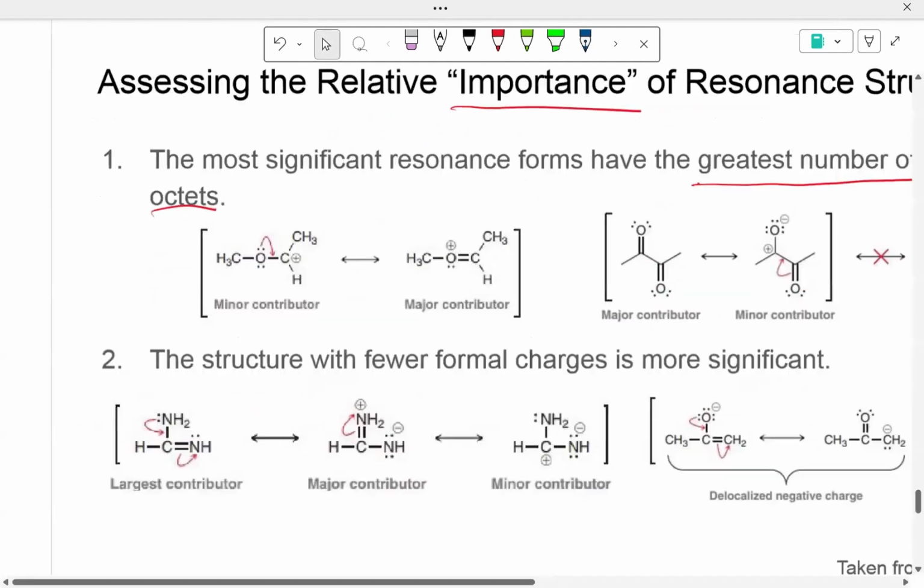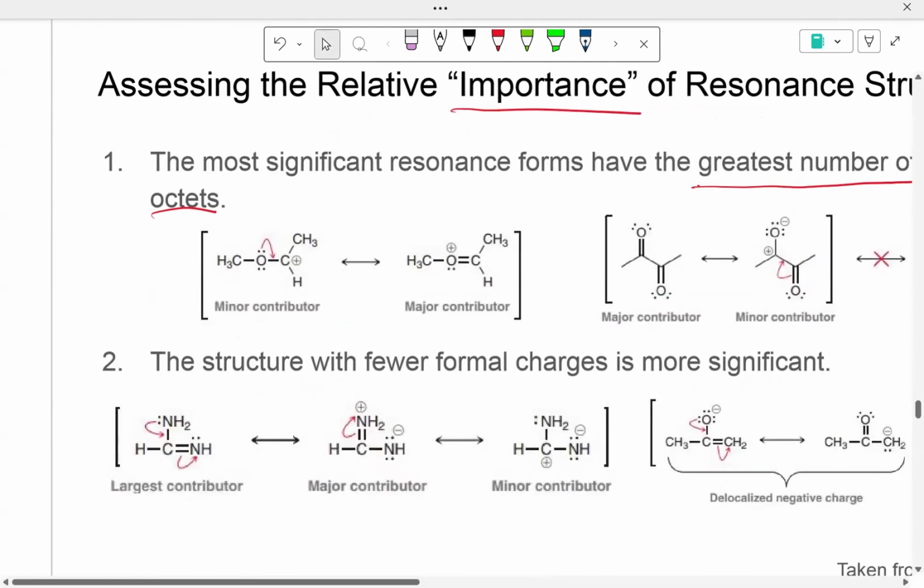So look at these two resonance forms on the left. Going from left to right, what we did here is we took a lone pair and moved it towards the carbocation, one of our common patterns. But notice the one on the left, this carbon doesn't have a full octet.